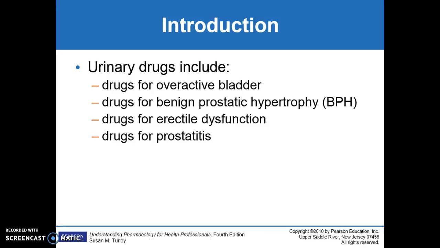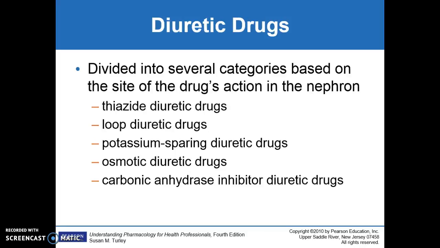So as you go through this chapter, you'll be looking at some of the different categories of diuretics and how they work. Specifically, we've got 5 categories that are covered in your text. We have the thiazide diuretics, the loop diuretics, potassium-sparing diuretics, osmotic, and the carbonic anhydrase inhibitors. And as I said before, all of these work a little bit differently within the kidneys to help us excrete water.